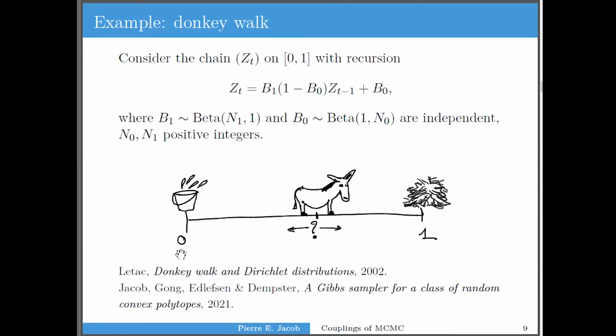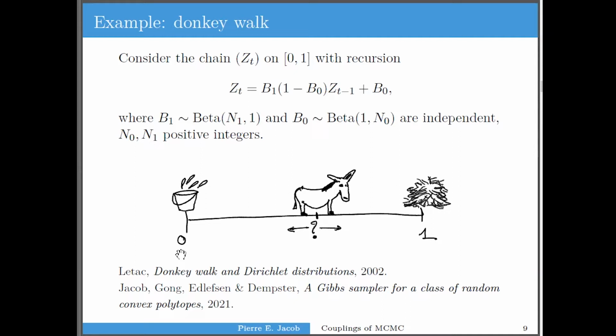That's a donkey that hesitates between going towards the bucket of water or going towards the food. And so it does one step towards the right and one step towards the left alternatively, and it never reaches, unfortunately, either. But it proceeds as a Markov chain. So we imagine a state space is, say, 0, 1.